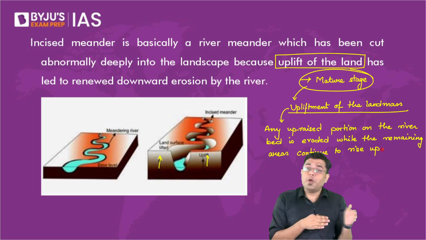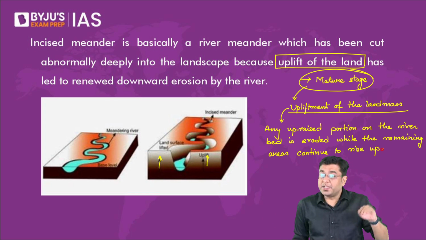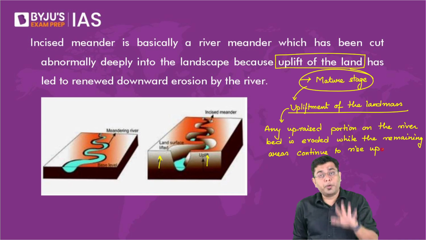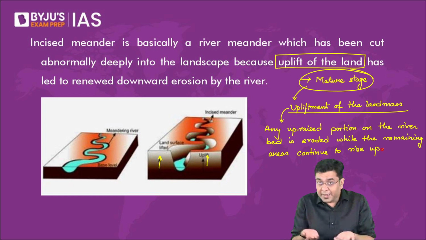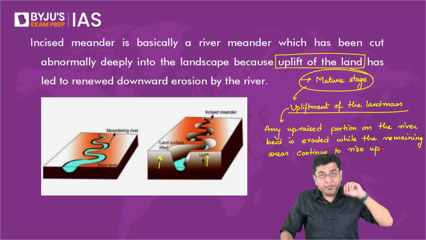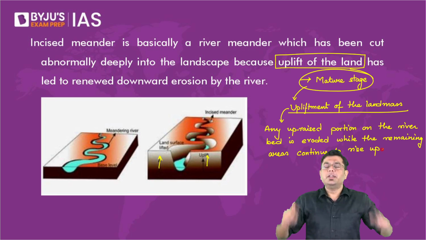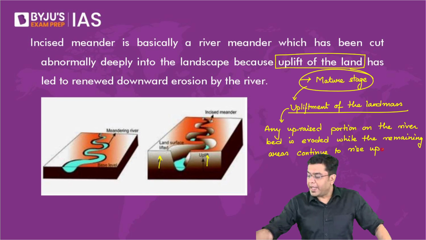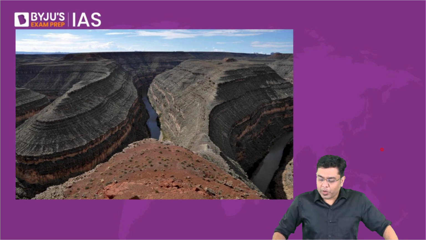So here, meander is always experienced in the case of a river in the mature stage. But in the mature stage, when the land starts uplifting, the river maintains its original course, whereas the surrounding region starts getting uplifted, and you have the creation of a landform which appears to look somewhat like this.